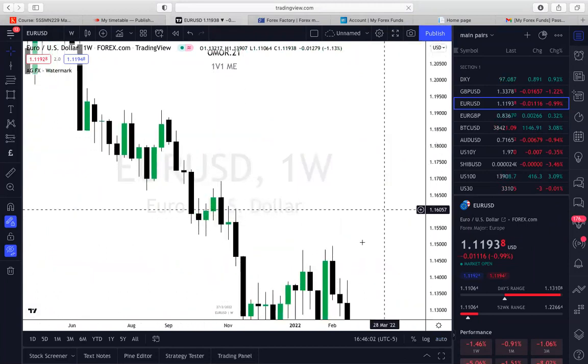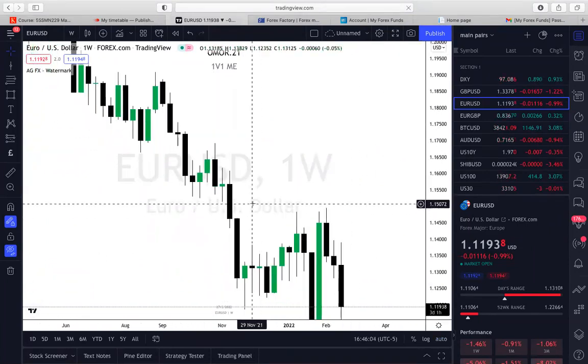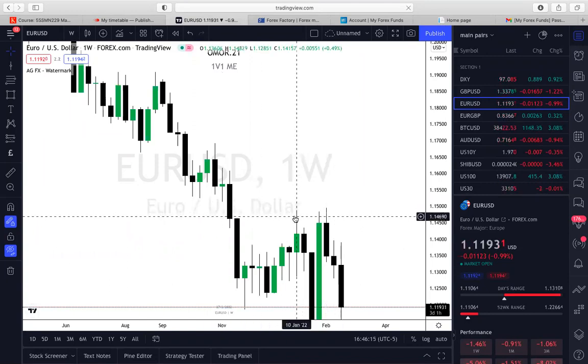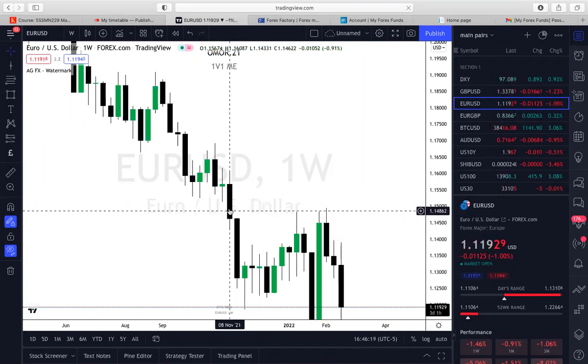We're gonna have a whole lesson on imbalance, but in a nutshell, an imbalance is where there is a lack of buying or selling within a candle. So you see this candle, it's wick to wick. Forget that this wick happened, we're just looking at these two candles. From this wick to this candle, there was no buying happening.